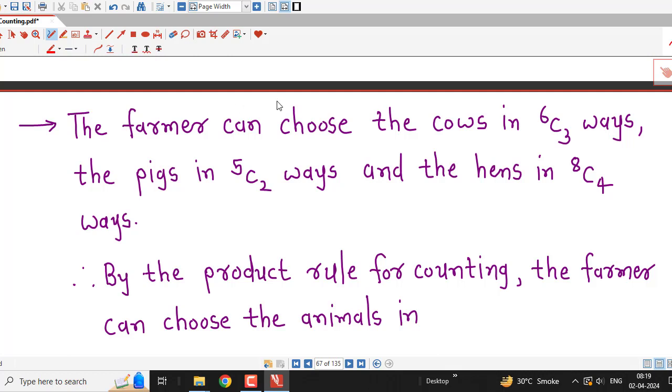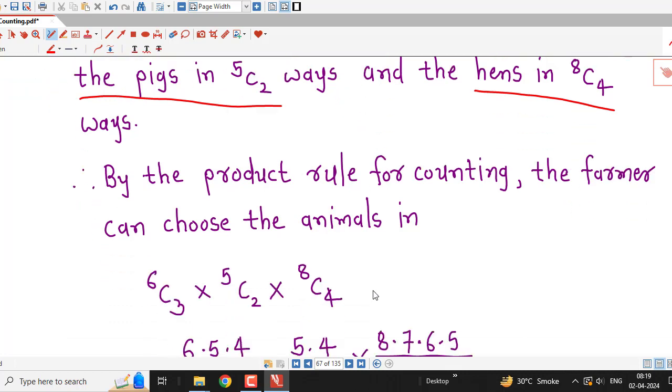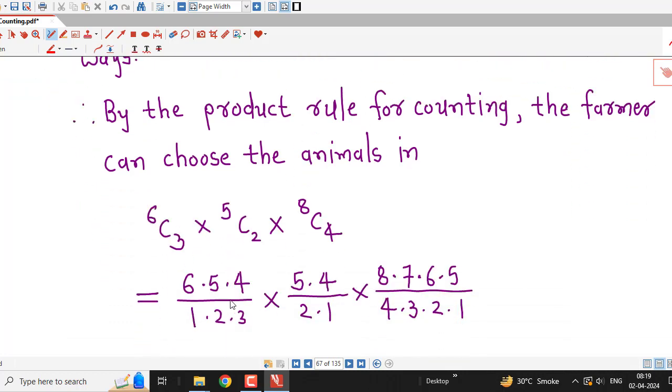So we have to write systematically that the farmer can choose the cows in 6C3 ways, the pigs can be chosen in 5C2 ways, and he can select hens in 8C4 ways. Therefore, by the product rule for counting, the farmer can choose the animals in 6C3 times 5C2 times 8C4.